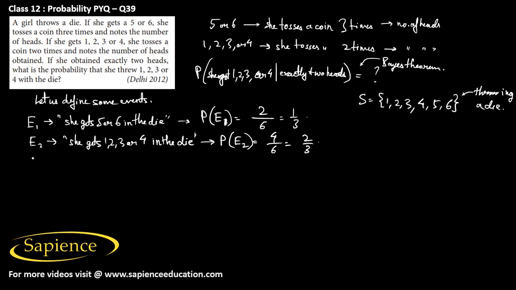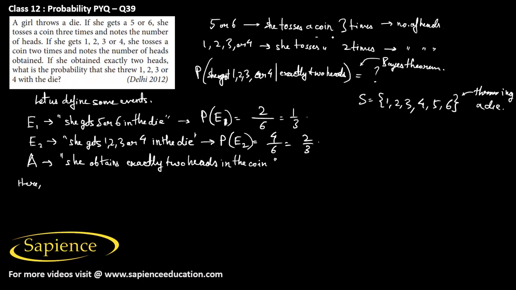And let's say the event A represents that she obtains exactly 2 heads in the coin.